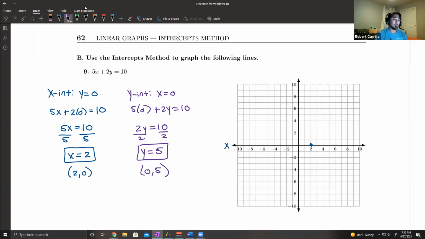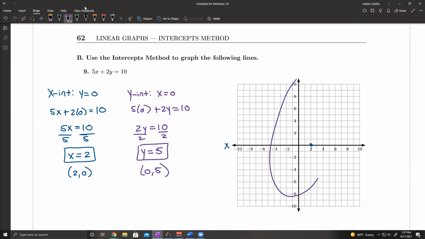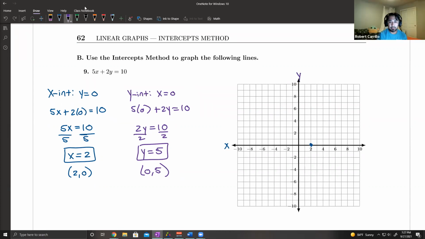Now, that's a y-intercept. It lies on your y-axis, and you're going to look for a +5, which is 1, 2, 3, 4, 5, right there. If you're ever graphing by x-intercept and y-intercept, those are the only 2 points you'll ever need.